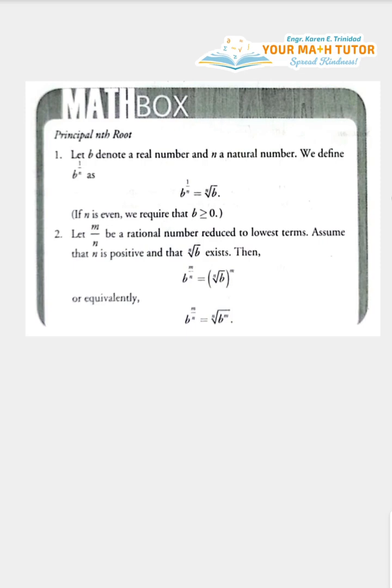And number 2, let m over n be a rational number reduced to lowest terms. Assume that n is positive and that the nth root of b exists. Then b raised to m over n is equal to the nth root of b raised to m, or we can also say that b raised to m over n is equal to the nth root of b, raised to m.